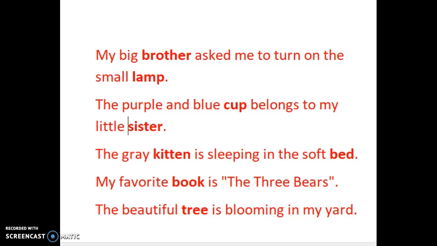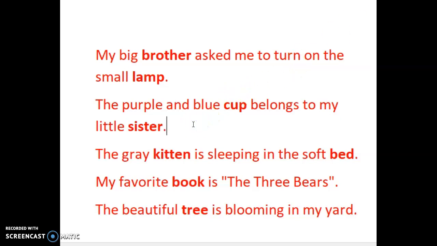So if we always remember our object of the preposition is our noun, then we know that small tells which one or what kind of lamp, and that is small. So those questions that we just talked about on our jingle, they're so very important when our sentences get longer, more detailed, and complicated. We can ask ourselves these questions to help us figure out the parts of speech.